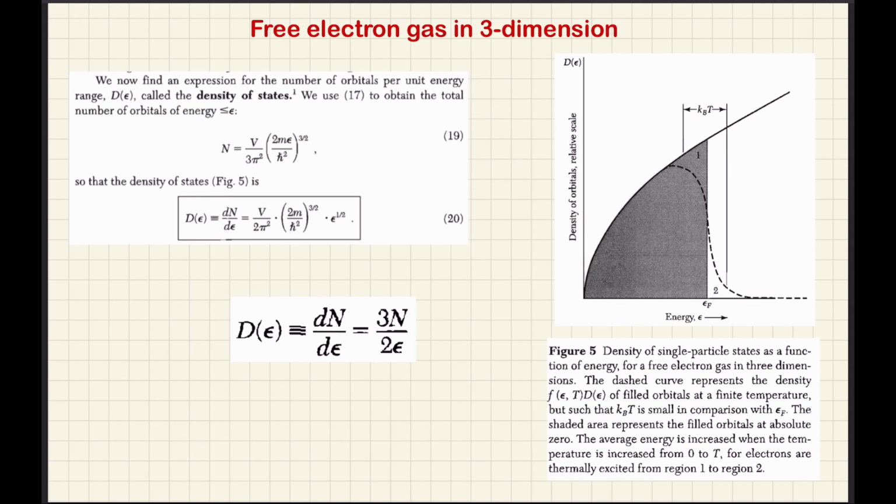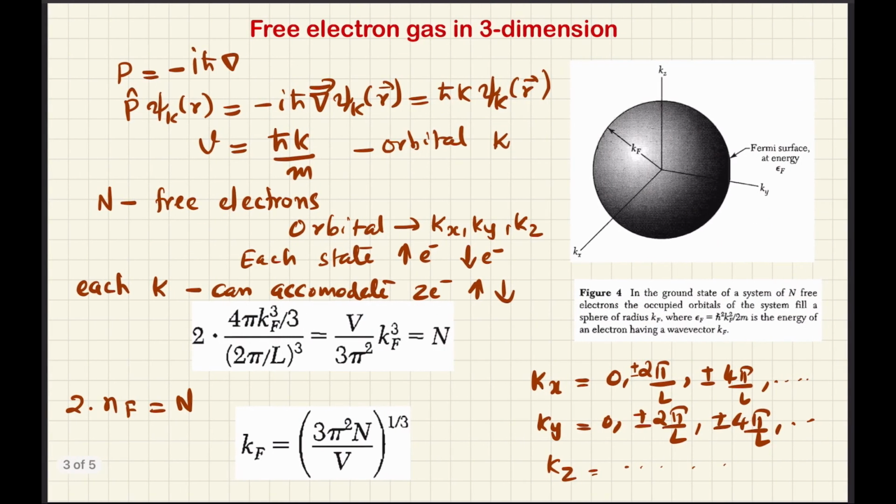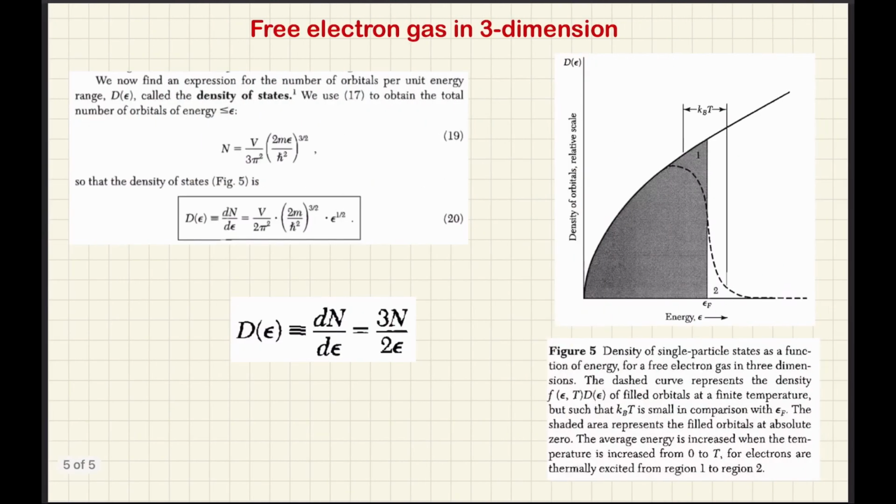It can be written as 3n by 2ε. You can use this expression to simplify the expression for density of states as it is.